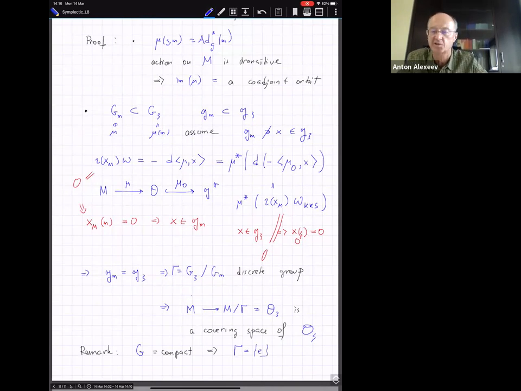However, again, in your problem set, there is an example where in some cases you can have a non-trivial gamma. So this is the SL2R example. You can check. We don't ask it in the problem set, but some of the coadjoint orbits are not simply connected. And then, of course, they do have symplectic covers, which may carry actions of some interesting groups.